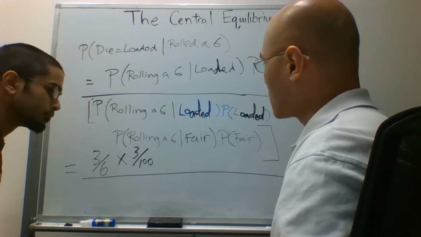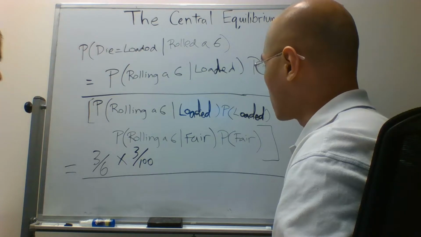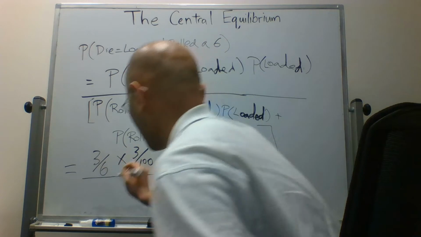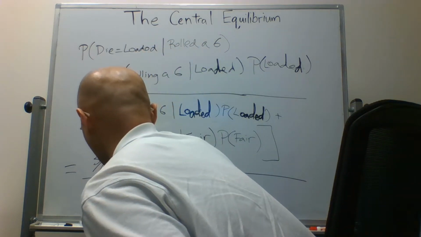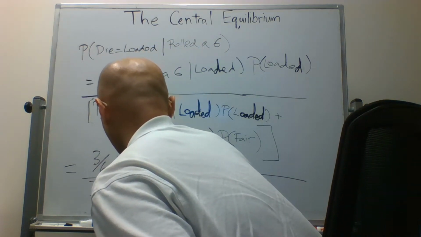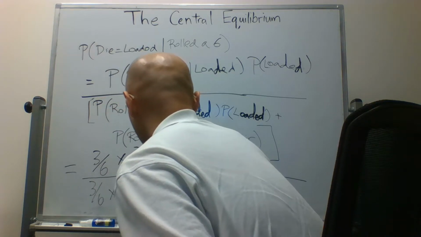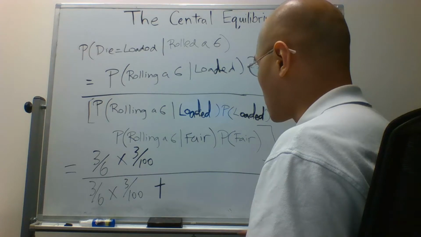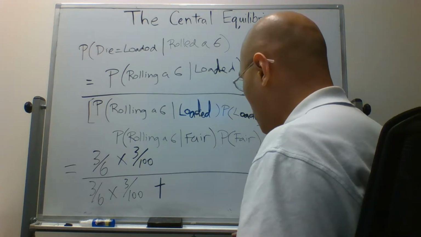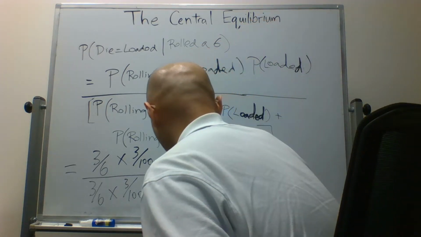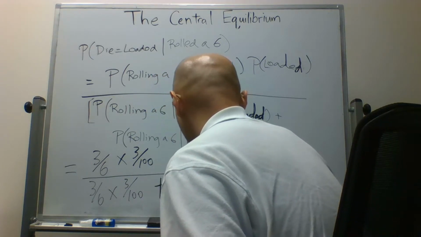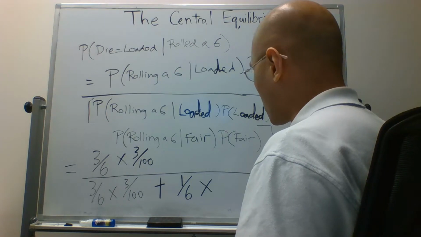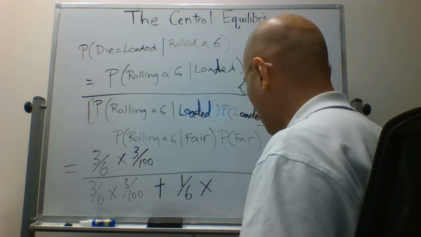Now, the probability of rolling a 6 given that the die is loaded, times the probability that it's loaded, so that's just the numerator again: 3 over 6 times 3 over 100, plus the probability of rolling a 6 when the die is fair, which is 1 over 6, times the probability that the die is fair, which is 97 over 100.